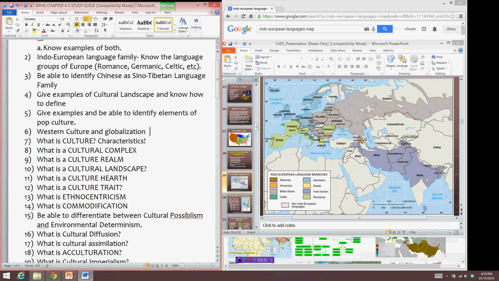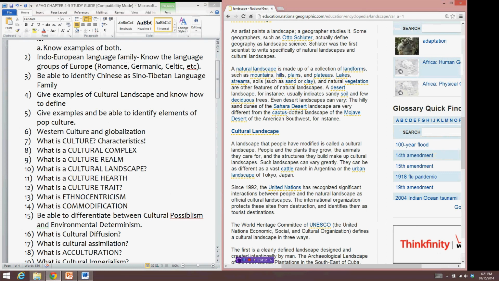Give examples of cultural landscape. Know how to define cultural landscape. Well, let's talk about that for a second. According to National Geographic, the cultural landscape is a landscape that people have modified, in other words, something that has been influenced and adapted by humankind. And so I'm going to ask you on your test to be able to not only define what the cultural landscape is, but also to be able to perhaps give examples.